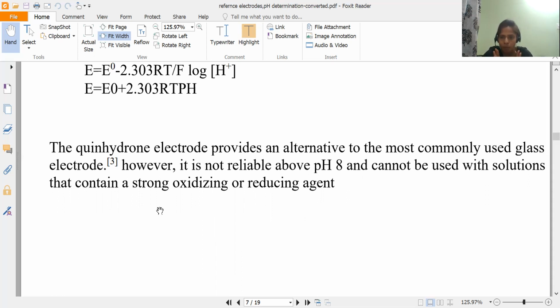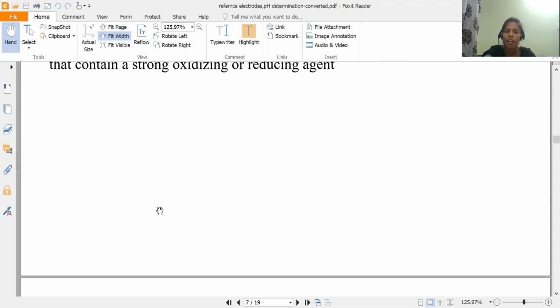That means it is applicable only to acids. To overcome these drawbacks, we are using the glass electrode, because the glass electrode can be used for all pH ranges and for strong oxidizing agents and strong reducing agents. That we will see in the next topic. Yes, this is about the quinhydrone electrode.